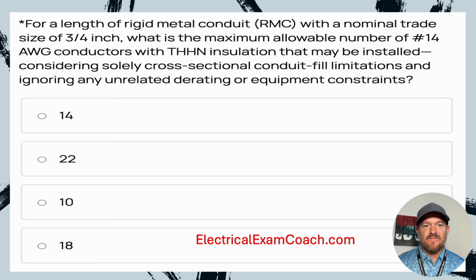Let's get to it. For a length of rigid metal conduit with a nominal trade size of 3/4 of an inch, what is the maximum allowable number of number 14 AWG conductors with THHN insulation that may be installed, considering solely cross-sectional conduit fill limitations, and ignoring any unrelated derating or equipment constraints?